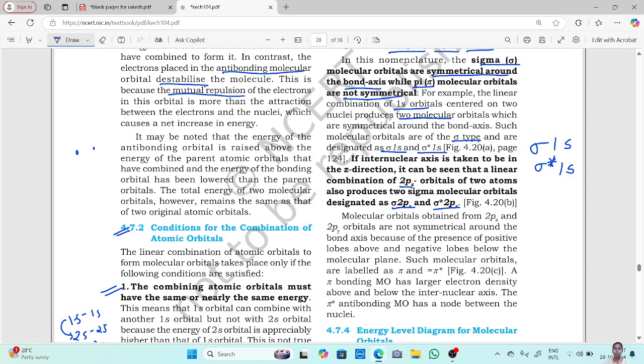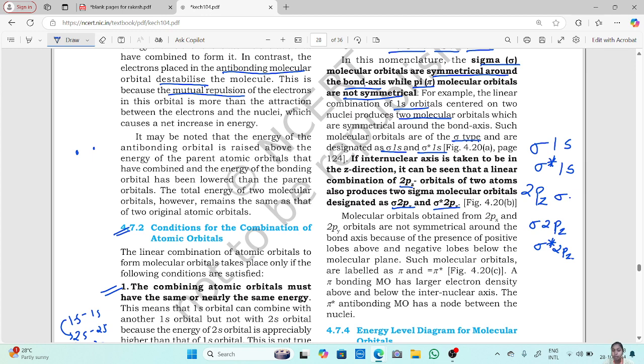So in this case, the internuclear axis is in the z direction, and you can consider the 2pz orbitals of two atoms to form a sigma molecular orbital designated as sigma 2pz and sigma star 2pz.